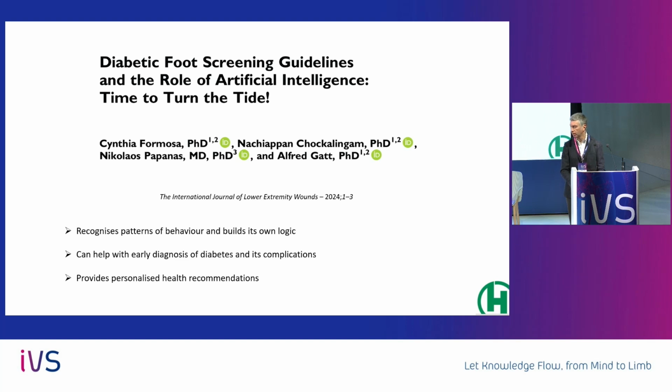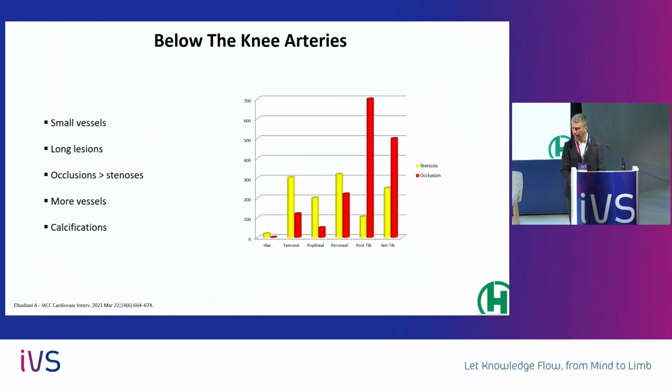There is also something else that maybe you know, but I have to stress, because every time we are debating diabetic patients, and especially below the knee, we have to keep in mind that this is a pretty challenging situation, because we have small vessels. Generally, we have long lesions, longer than the SFA, longer than the POP segment, and occlusions are more frequent than stenosis.